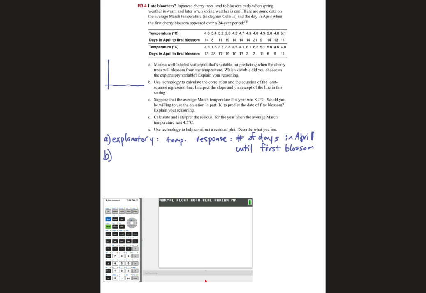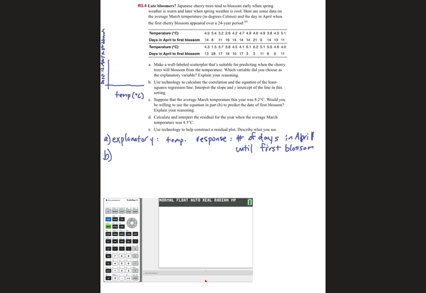Well-labeled means the temperature in degrees Celsius should be labeled as the X, and then the days in April to first blossom. You should be able to read it, but I'm just giving an example of what you should do.